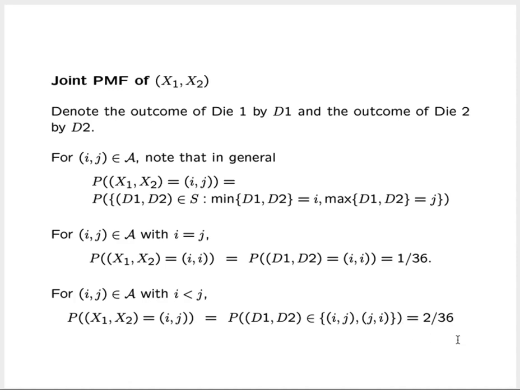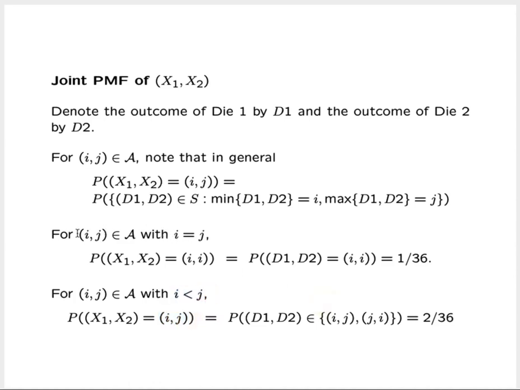All right, and so take a look back at the sample space of the original experiment and see if you can convince yourself of this fact. As you can see here, there are 2 elementary events from the original sample space that get mapped into this event here, where i is strictly less than j.